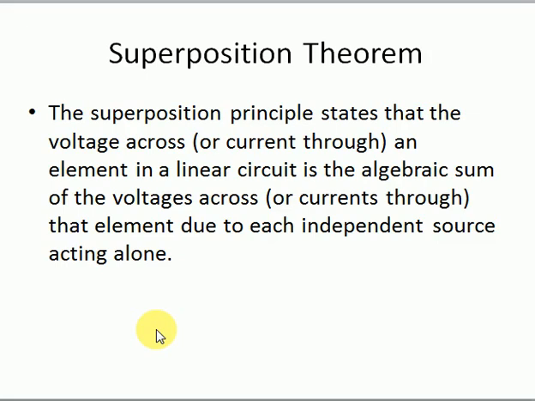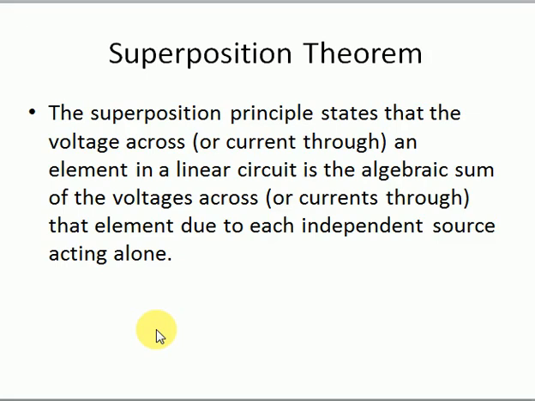So in the superposition theorem, suppose we have more than one source, say voltage sources, and we have to find an unknown, let's say the total current of the circuit, I. First of all, we get the result I with all the sources in the circuit.